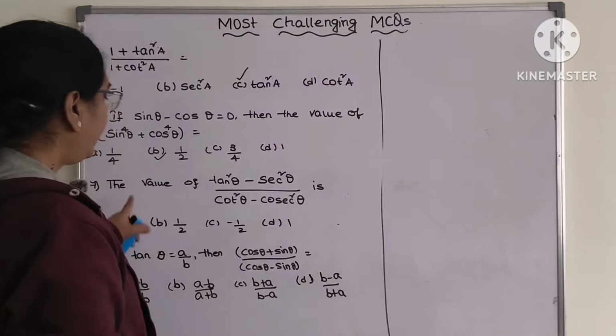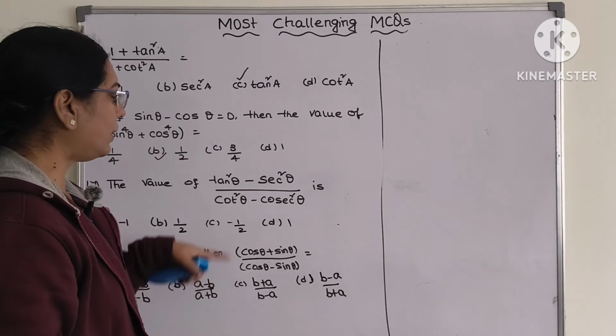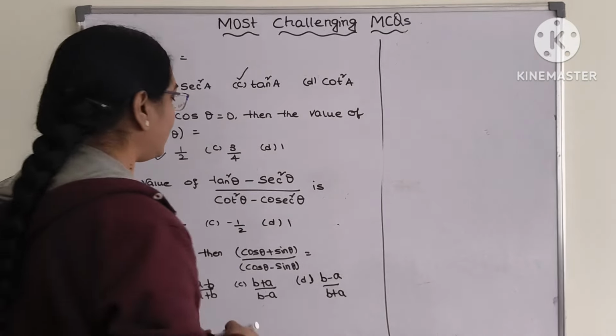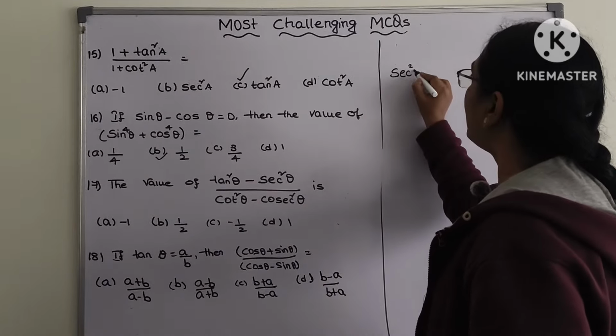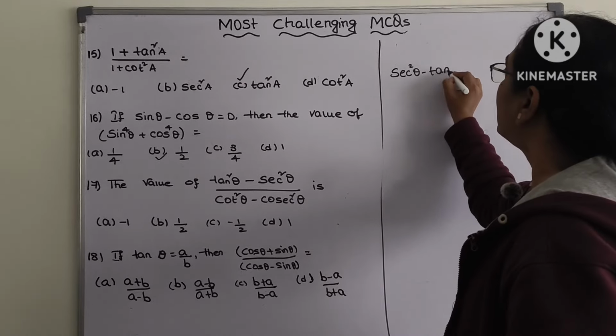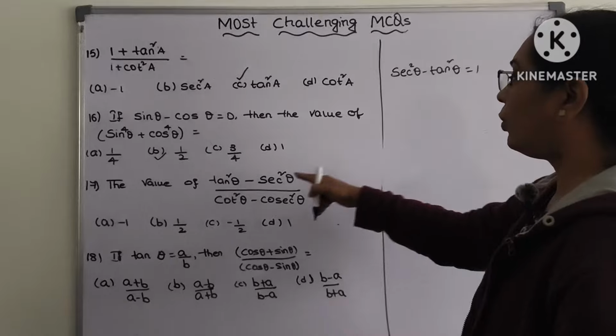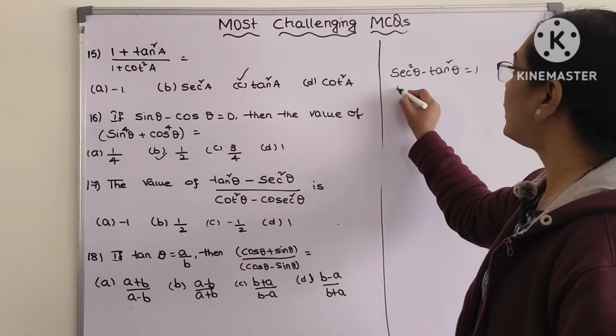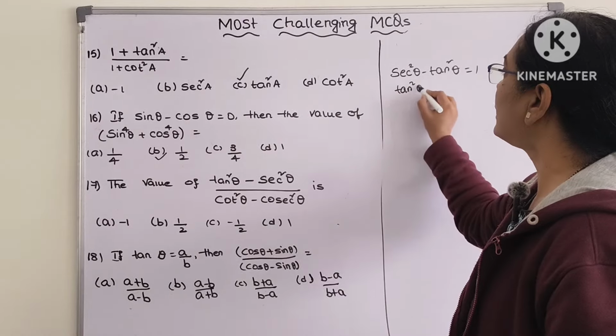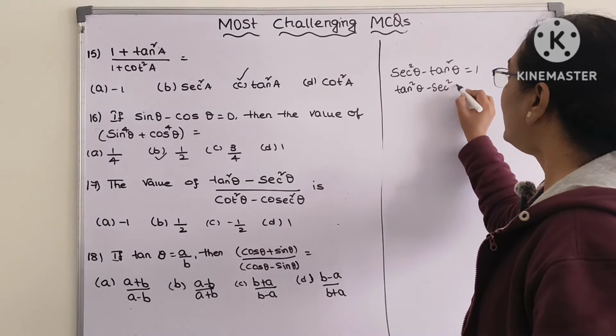Find the value of (tan square theta minus secant square theta) by (cot square theta minus cosecant square theta). See children, we know secant square theta minus tan square theta is 1. But what is it that they gave? They gave tan square minus secant square. Therefore, tan square minus secant square will be minus 1.